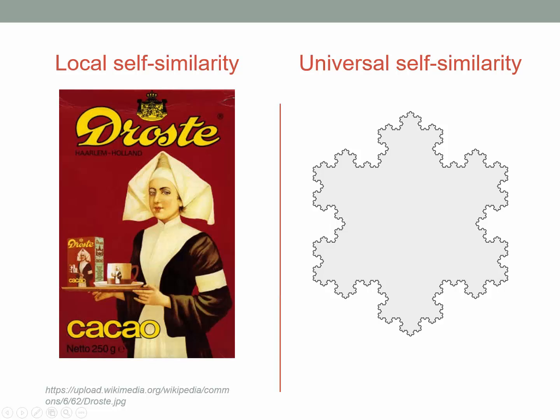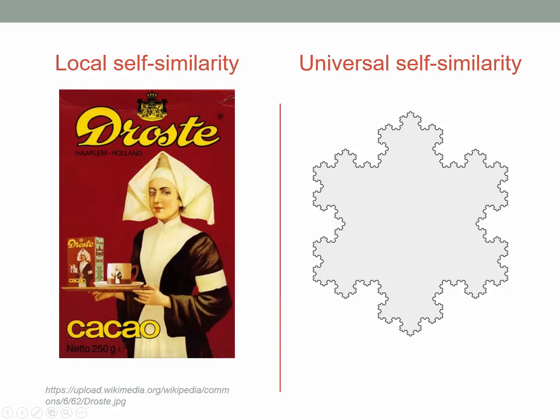But what I want to point out is, in this self-similarity that we see in this cocoa box on the left, it's only really occurring at one place. So the only place where we see the self-similarity is if within the big picture we look at the cocoa box and then see, oh, on the face of the cocoa box there is a copy of the entire picture again itself.